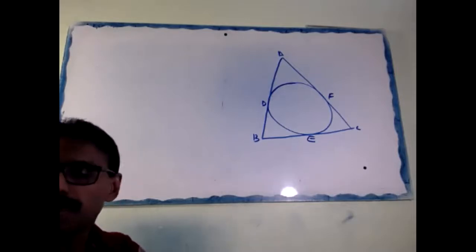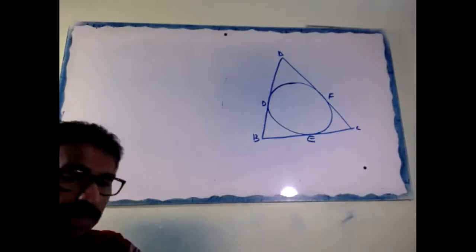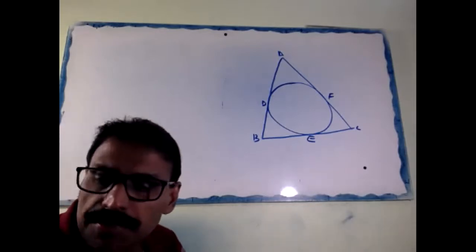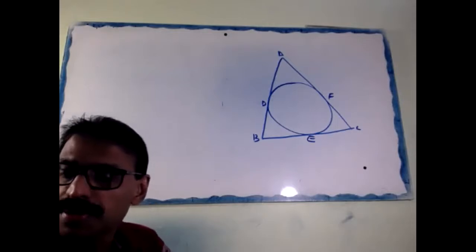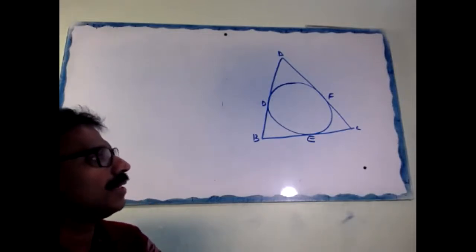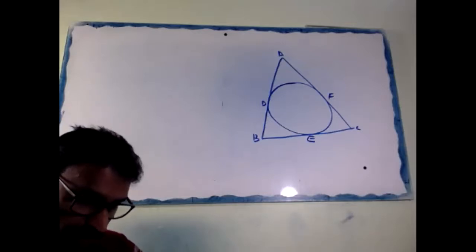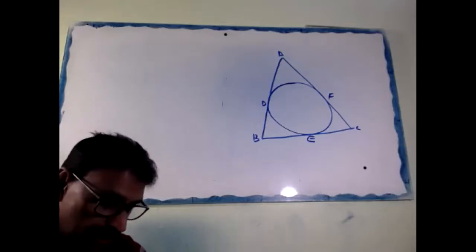Anyway, try. Question here: AB equal to AC. Prove that BE equal to EC. Okay, try now.